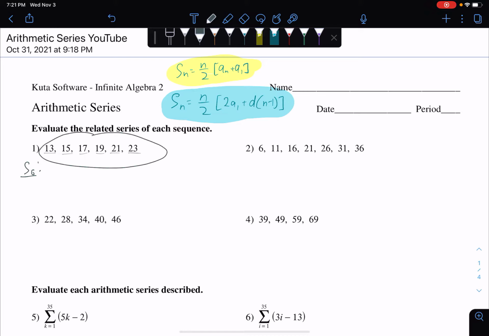So these kinds of problems require this formula. So yes, let's move on to number 1.